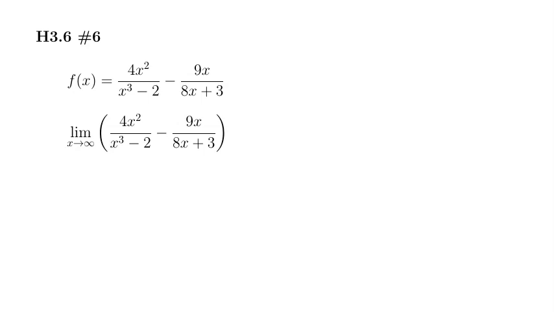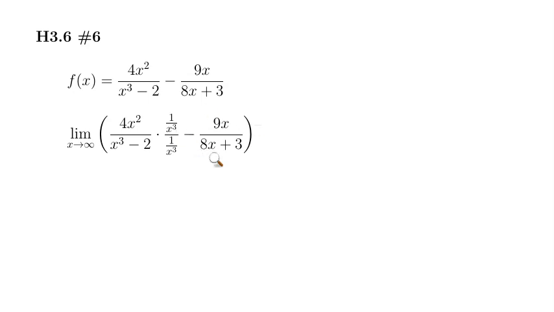I'm going to put the fraction there first, and put the 1 over x cubed on top. Then I do the same thing to the bottom so that I don't change the value of the limit.